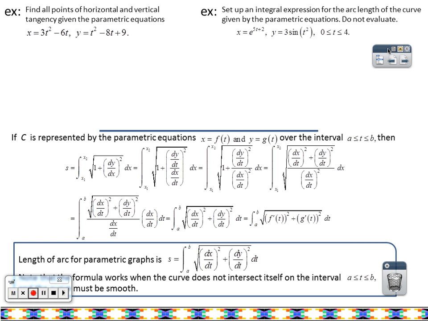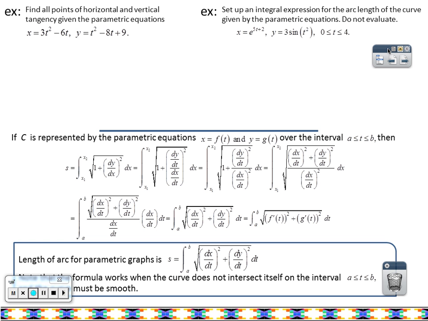Vertical tangents occur when it's undefined. So that's really what our task is. Our task is to find dy dx and set the top equal to 0 to find where our horizontals are, the bottom equal to 0 to find where our verticals are. Right, you with me? That's all we're doing here. It sounds really complicated, but it's pretty basic stuff we've been doing before.